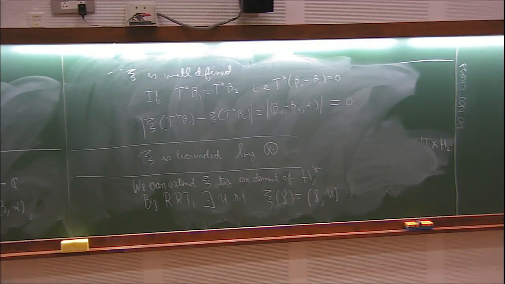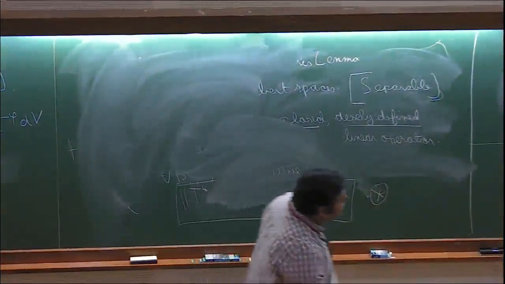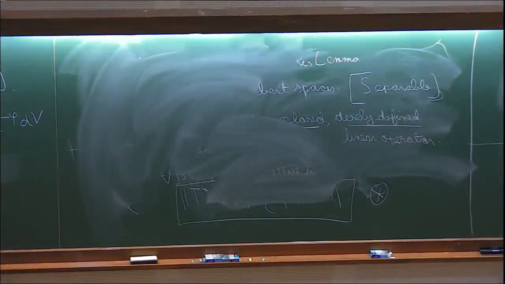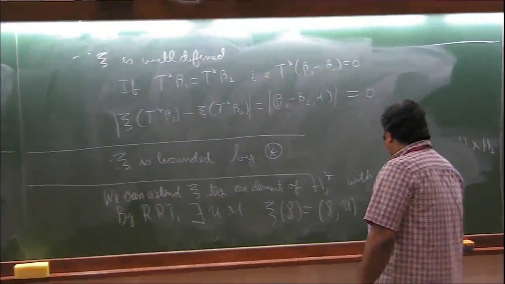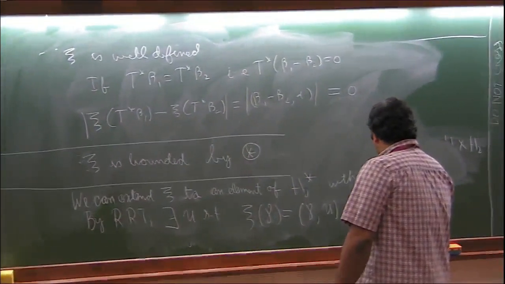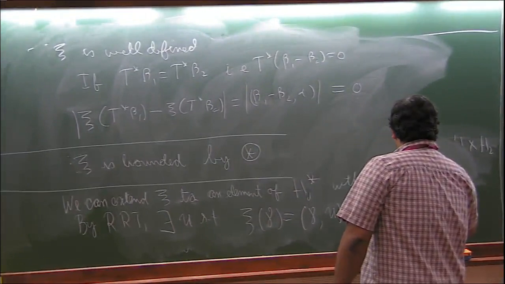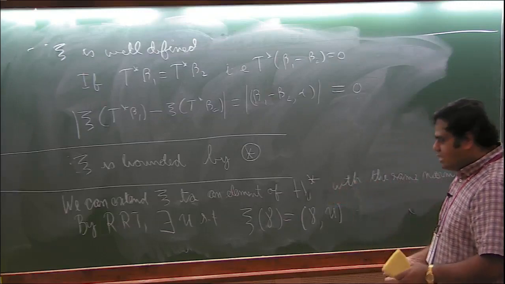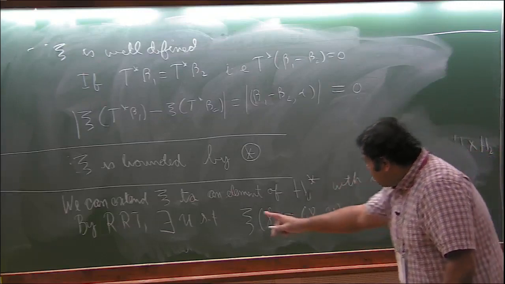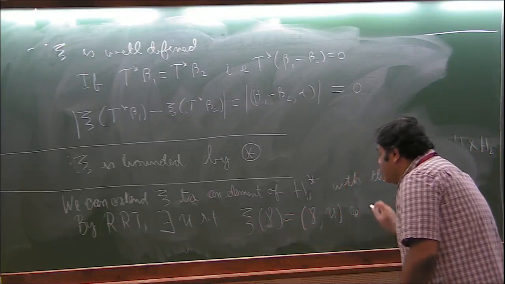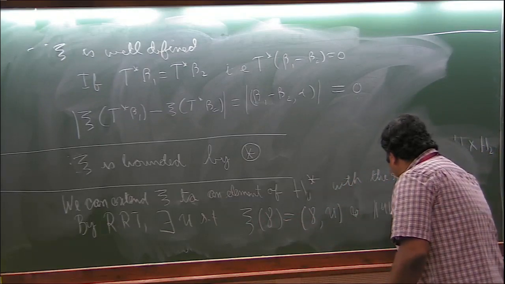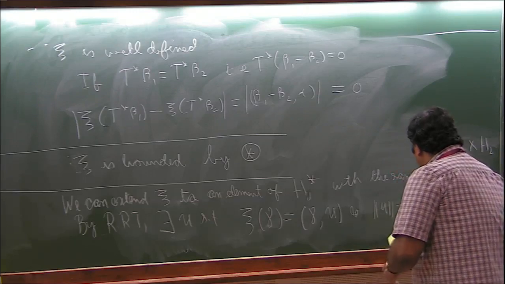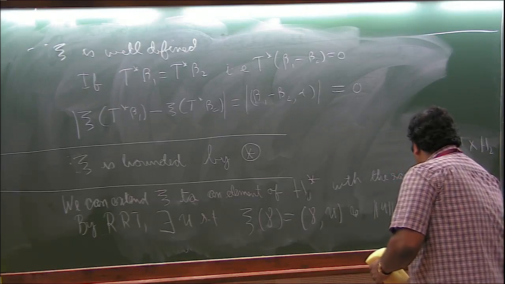But it has a little bit more argument. Psi can be extended to the whole group, with the same norm. So in the case of Hilbert spaces, this is very easy, right? You just define it to be 0 on the orthogonal complement. By the Riesz representation theorem, there exists U, which is this, and the norm of U is actually equal to the norm of xi as a linear functional.